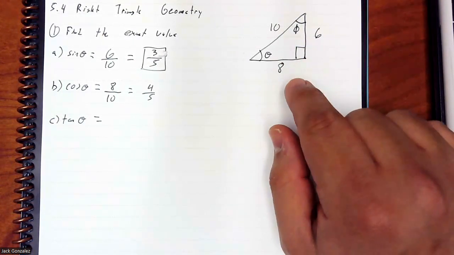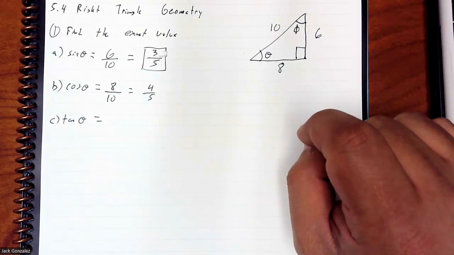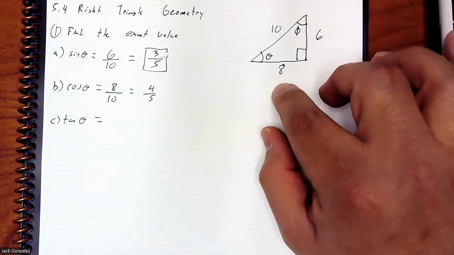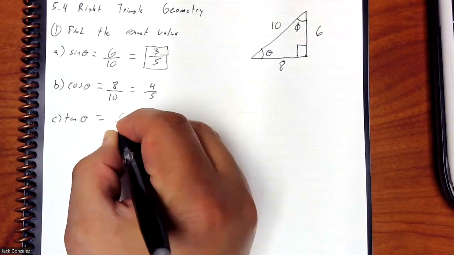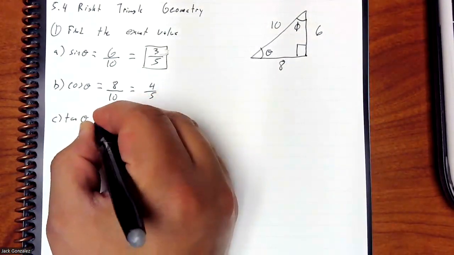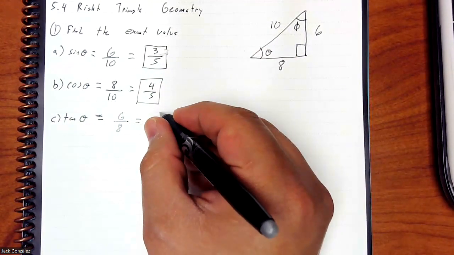It's opposite over adjacent, right? So 6/8, yeah, which reduces to 3/4. Make sure in your exam that you reduce these.